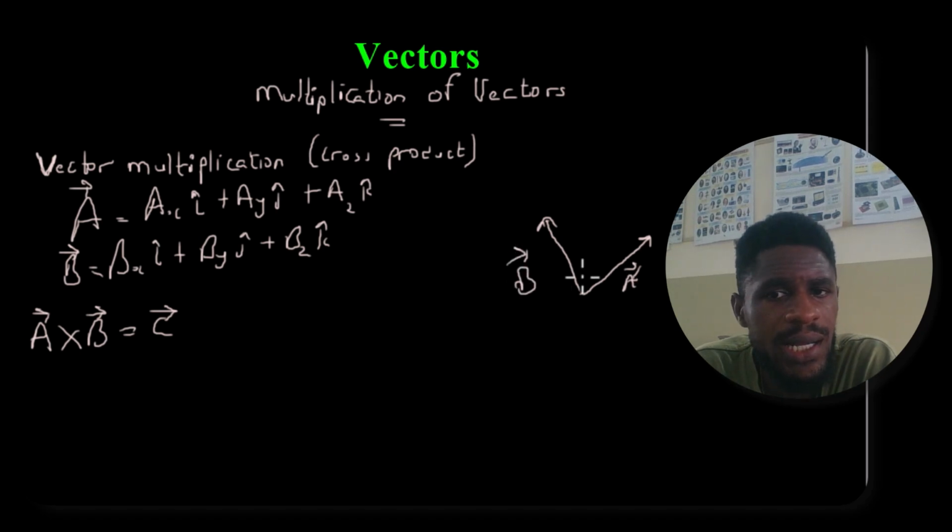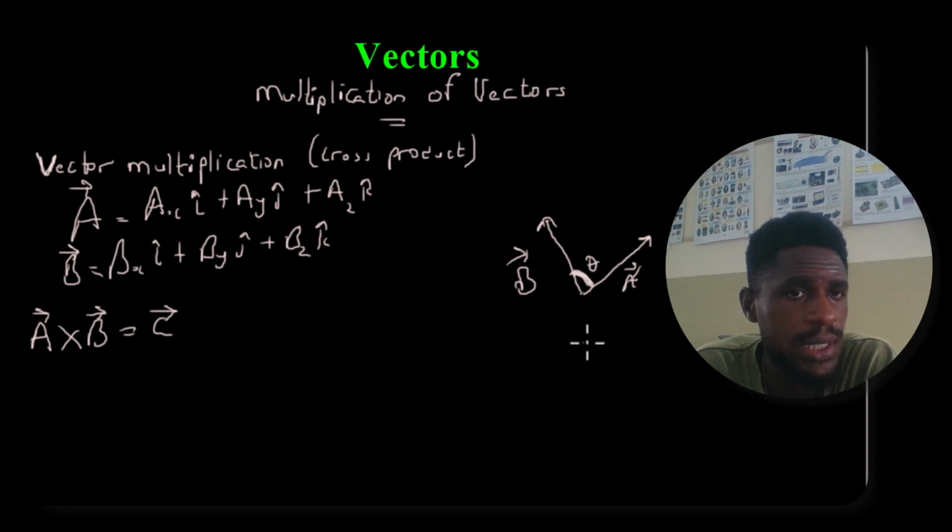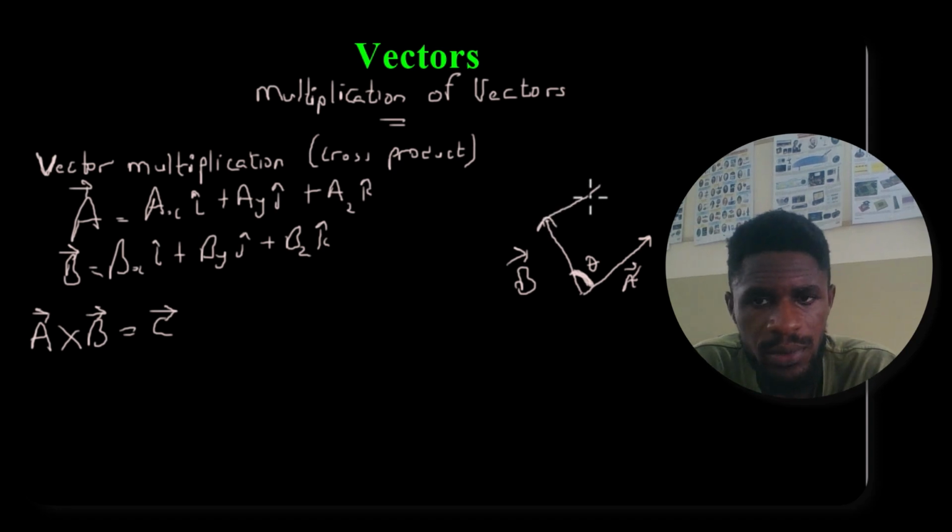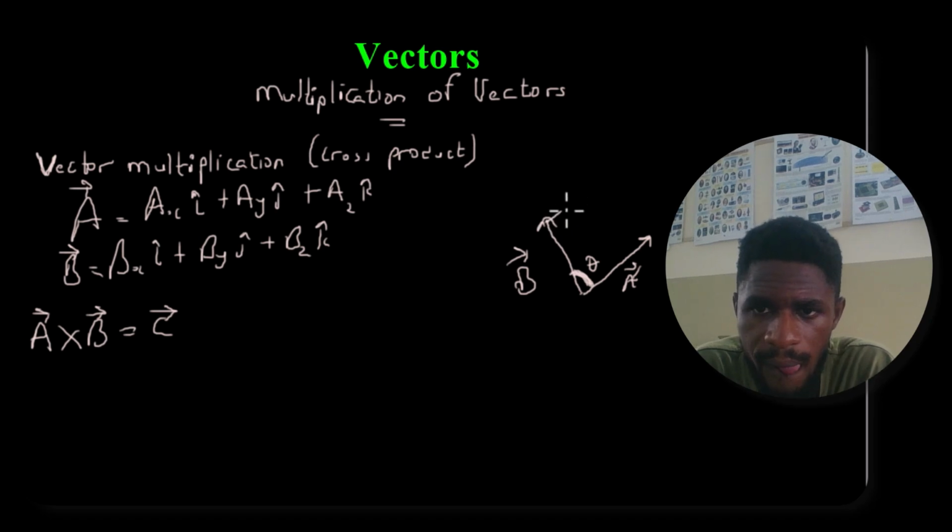Now, in order to carry out cross product, of course, there's an angle between these two vectors, A and B. So let's call that angle theta. In order to carry out cross products, I have to complete the parallelogram. Complete the parallelogram, that is, this will also be A. Let me draw that accurately.